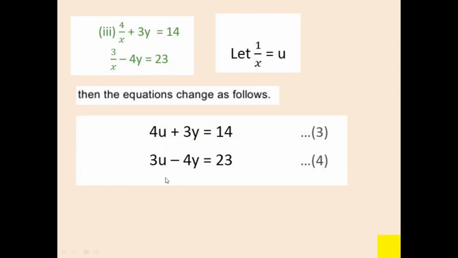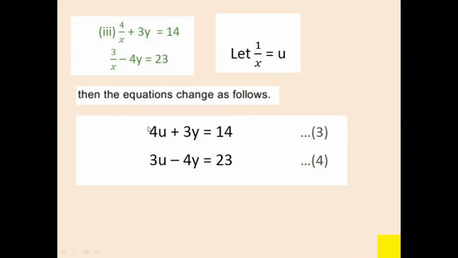So the equation changes to 4u plus 3y equal to 14. And again, use your choice from the three choices that you have: substitution, elimination, or cross multiplication to solve these equations. My personal preference here would be that I'll multiply this with 3 and this with 4, and then I'll get equation 5 and 6, and then I'll solve them.